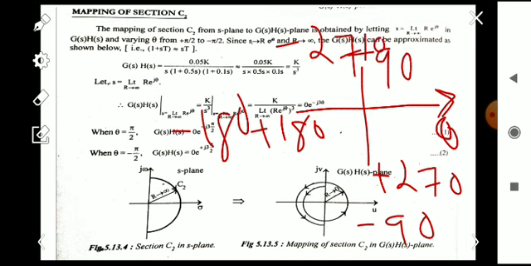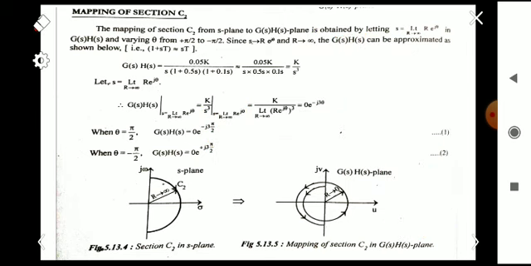So these are the angles corresponding to each quadrant. Here the section C2 is varying from this axis to this axis, so it is the plus 90 axis. Plus 90, it comes to 0, then again minus 90.